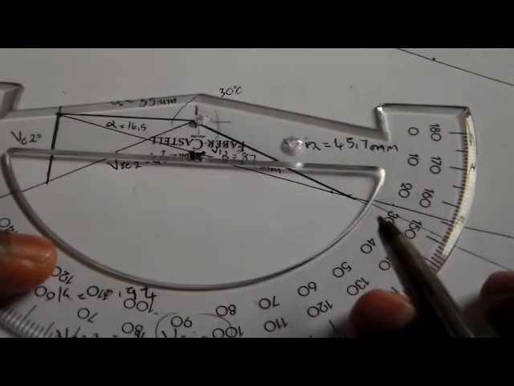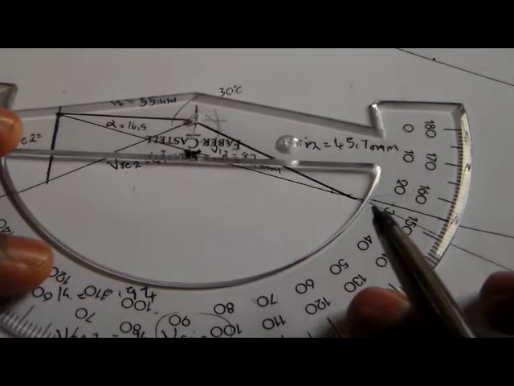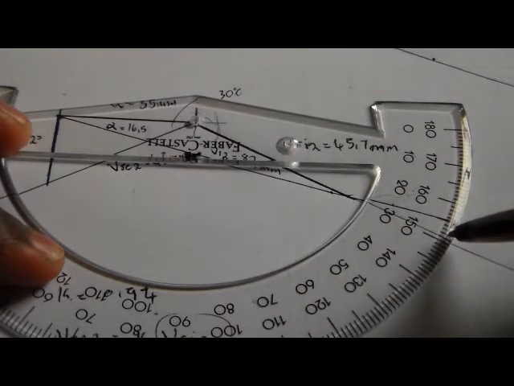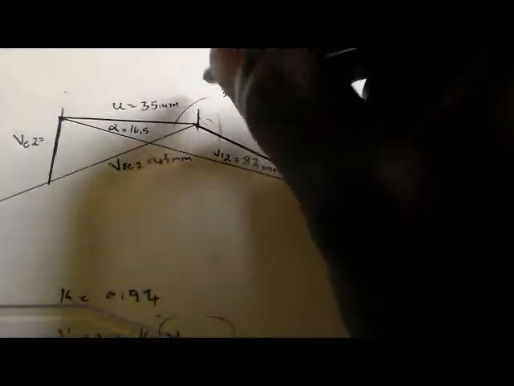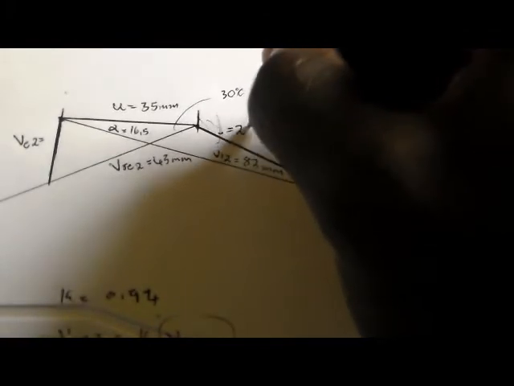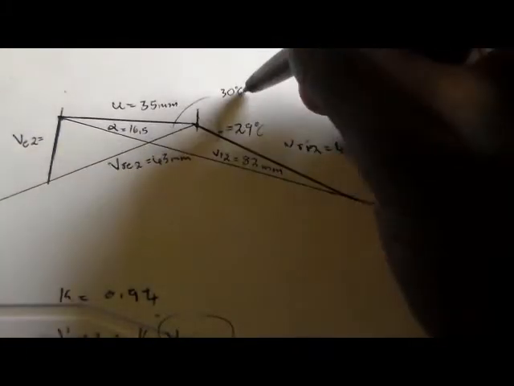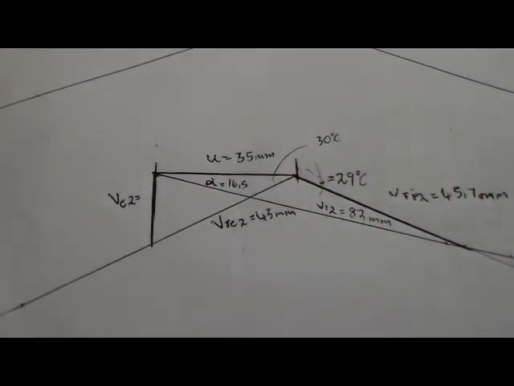Then, if I extend this line, my angle becomes 25, 6, 7, 8, 9. This is 29, so that means my angle here is 29 degrees, and then this one is 30, and everything now on the second stage is fine.